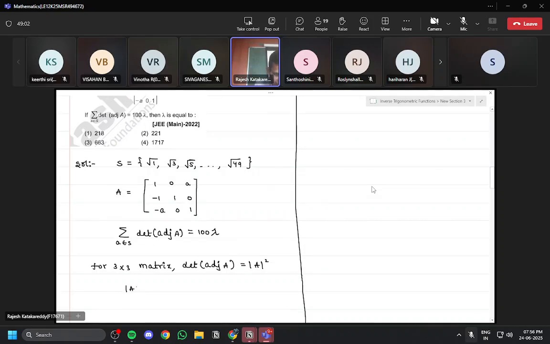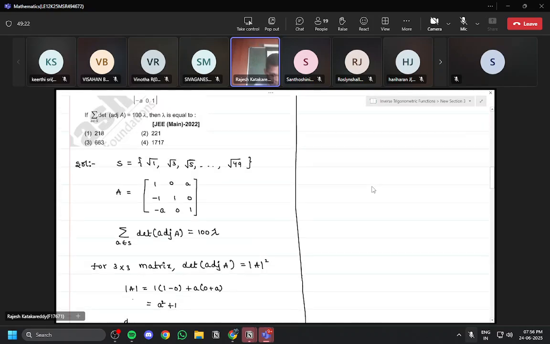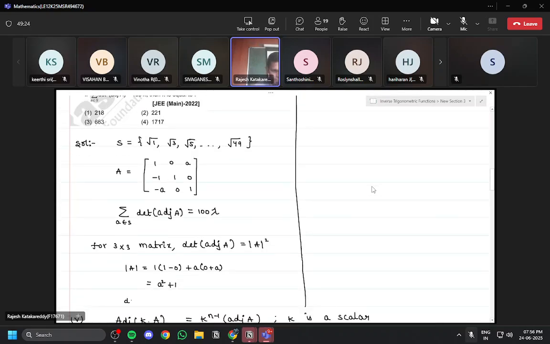Determinant of A is equal to 1 into a square plus 1. Give me a moment, please.